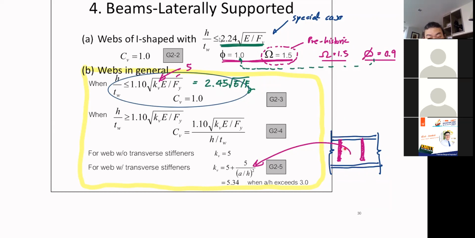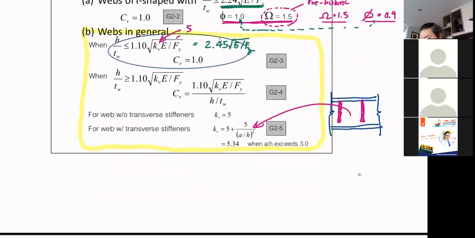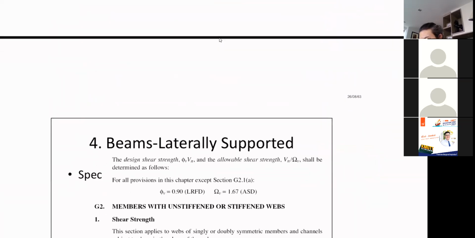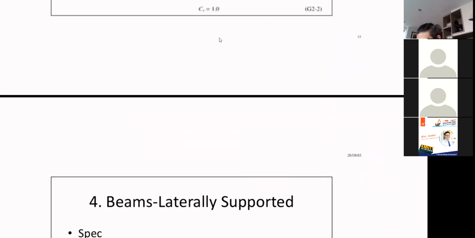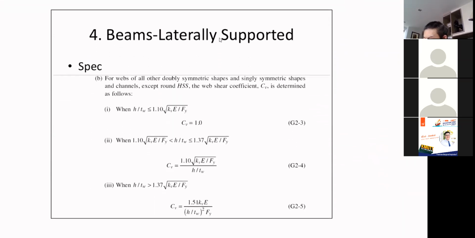Believe me, because the web is pretty long, right? And it just constitutes the depth of your beam. So when you increase the thickness so large, it will increase the weight of the beam very significantly as well. So okay, now go through that. See how crazy it is. So generally, we are always here.